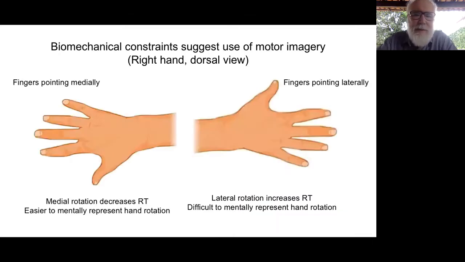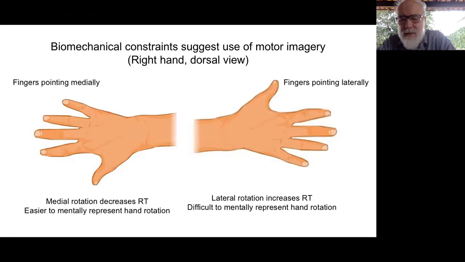Another important fact is compliance with the biomechanical constraints. This is shown in this picture. We have two pictures of the right hand in the dorsal view. On the left, fingers are pointed medially, so medial rotation usually is associated with an important decrease in reaction time because it's easier to mentally represent hand rotation in the medial rotation.